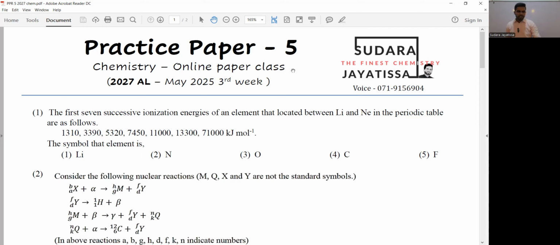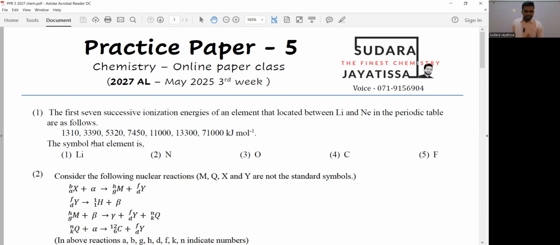So this 1310 is the energy required to remove the first electron, and then 3390 is the energy required to remove the second electron, like that. From an atom of an element, we are removing electrons one by one. That is what we call successive ionization energy.